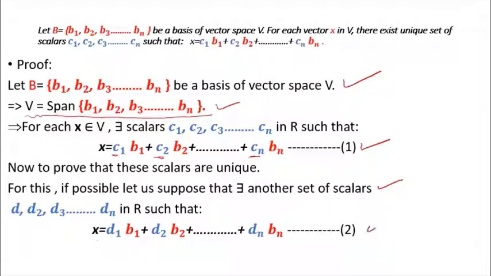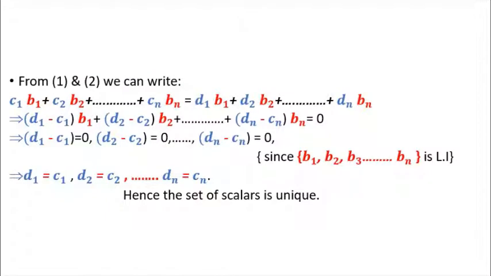This is equation 2. Actually we have to prove that these c1, c2 and so on cn are the only ones, that there is no other set. But to prove that, we have taken the contradiction that there is some other set of scalars also satisfying this condition. So both c1 b1 plus c2 b2 and so on plus cn bn, and d1 b1 plus and so on, are equal to x.